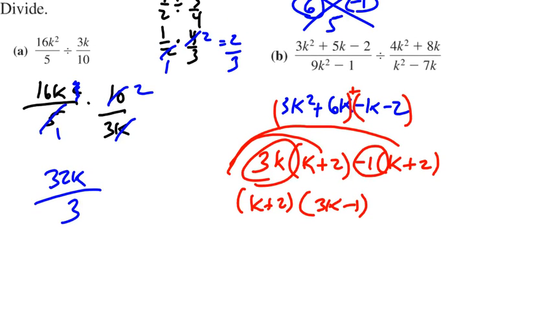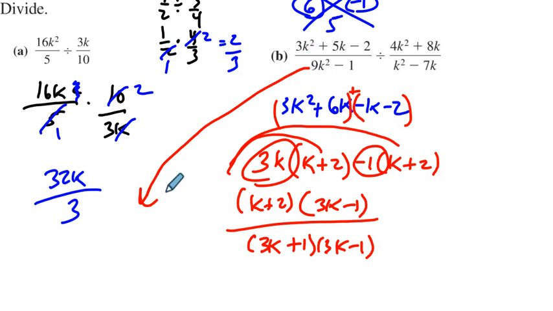All right, so maybe I'll move that down just a tad bit more. I guess it's grouping that whole thing there. I'll just rewrite it right here. Okay, so this whole thing is k plus 2 times 3k minus 1. Okay? All over. Now what about 9k squared minus 1? Well, this is a difference of 2 squares, meaning this is 3k plus 1 and 3k minus 1. Right? Because what you want to notice is that this is of the form of a squared minus b squared.